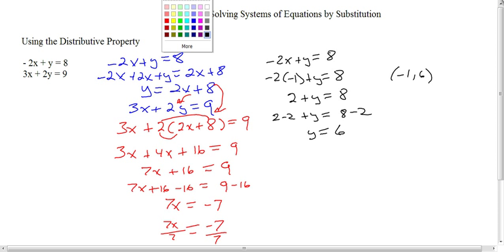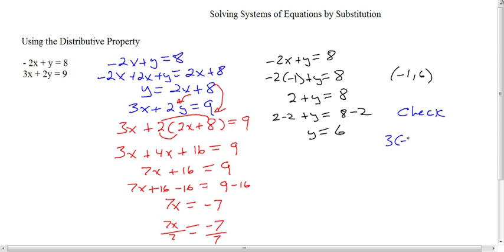Now, the only thing left for us to do is simply check it to make sure we are correct. How can we check it? Just use the original equation, just find one. Let's take the 3x plus 2y. So we'll put check here. We will have 3 times a negative 1 plus 2 times 6 is equal to 9.